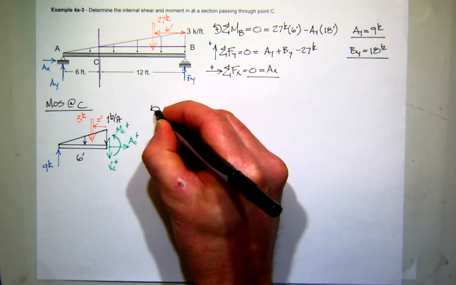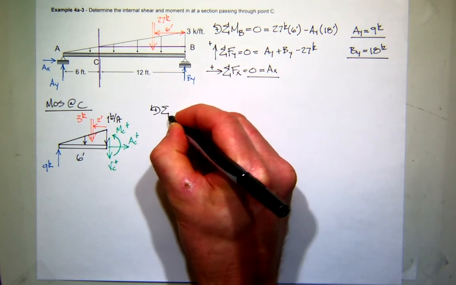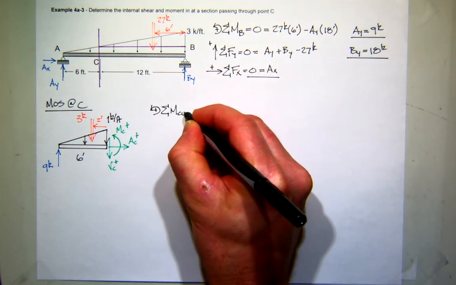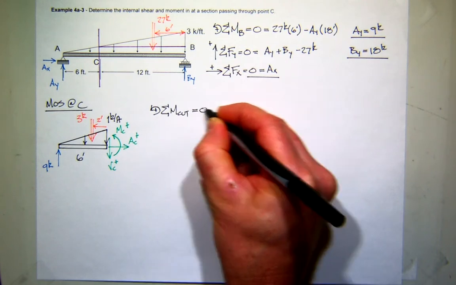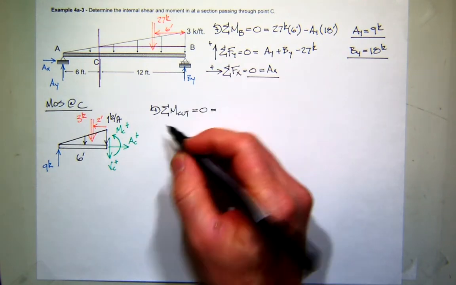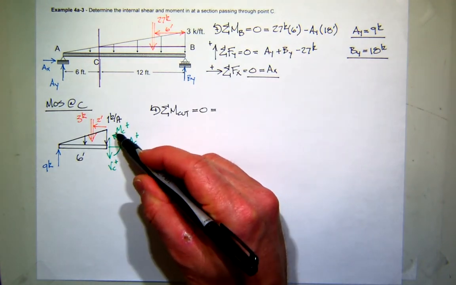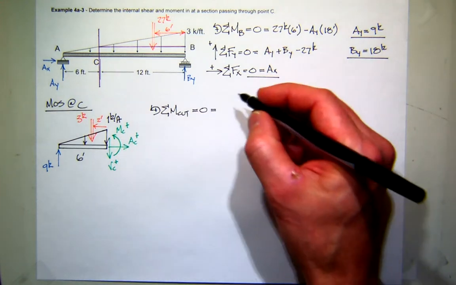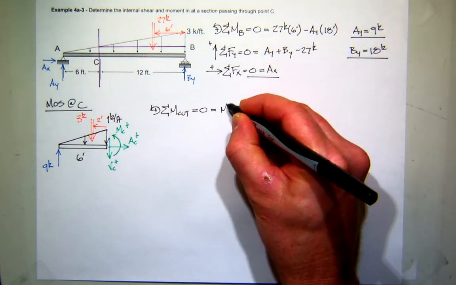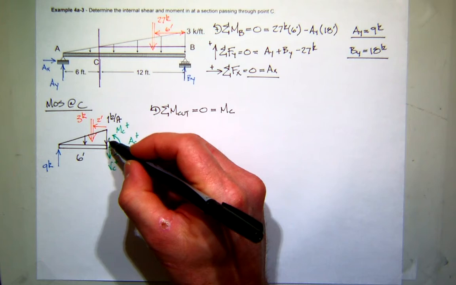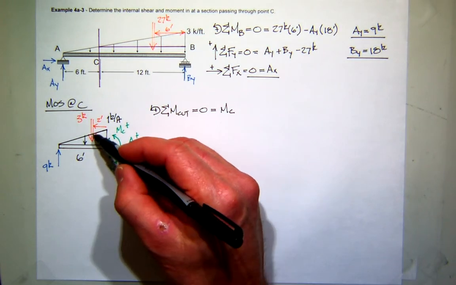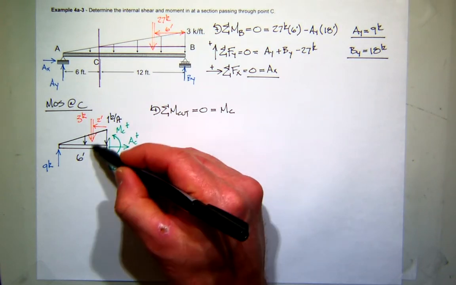So using right-hand rule for my sign conventions, I'm going to sum the moments at the cut. Make sure I'm in equilibrium. So with right-hand rule, the internal moment at C is positive or negative? Positive. This 3 kip equivalent force, what kind of moment is it creating about C?